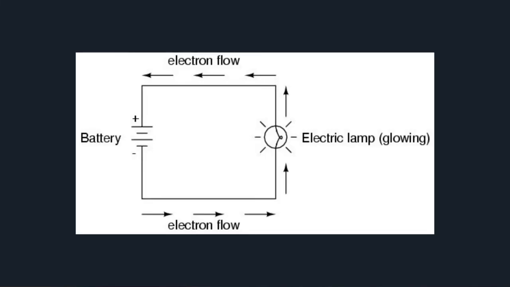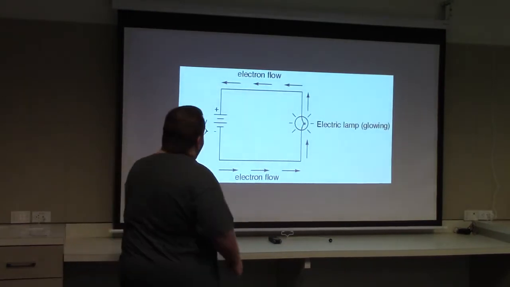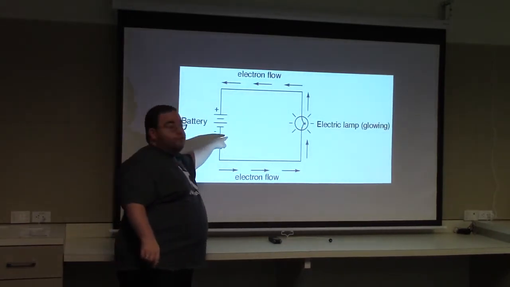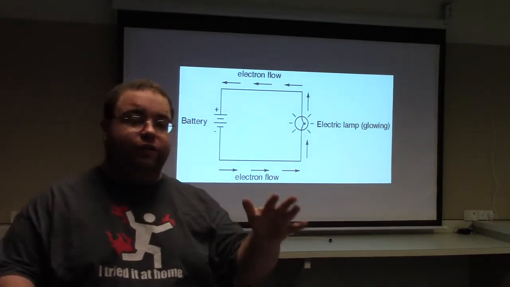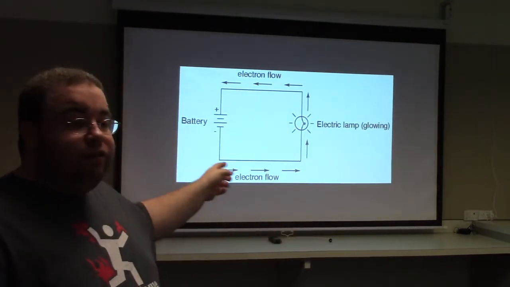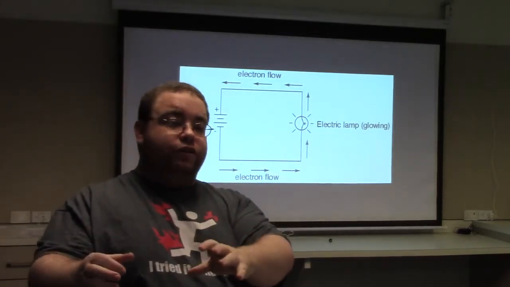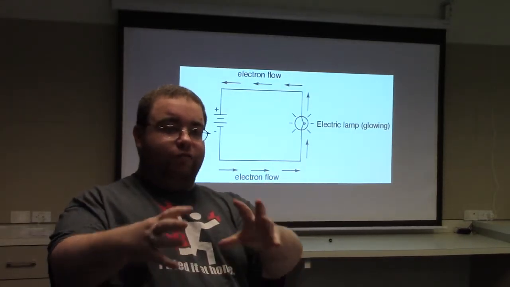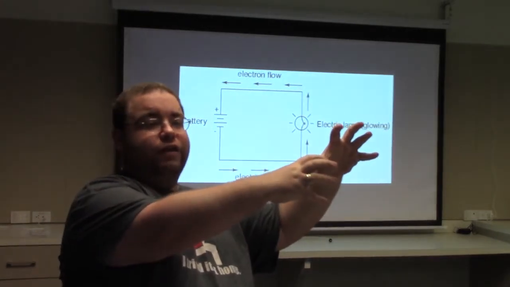So this is the basic, simplest electric circuit that does something, which is we have some source of voltage, which is a potential difference. One end of that battery is going to be highly negatively charged, the other end is going to be highly positively charged. So we have stripped off most of the electrons from one end and deposited them on the other end.